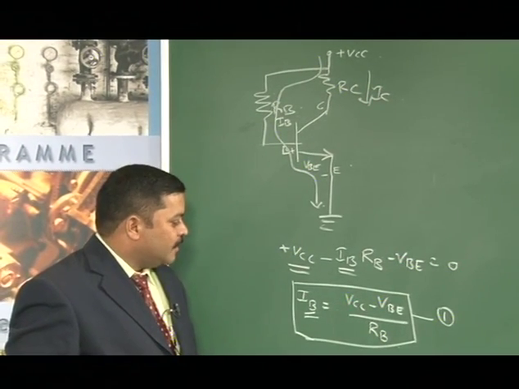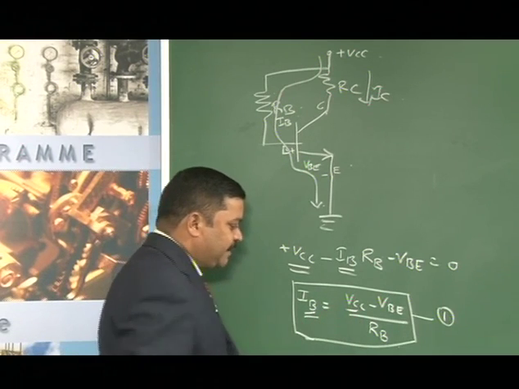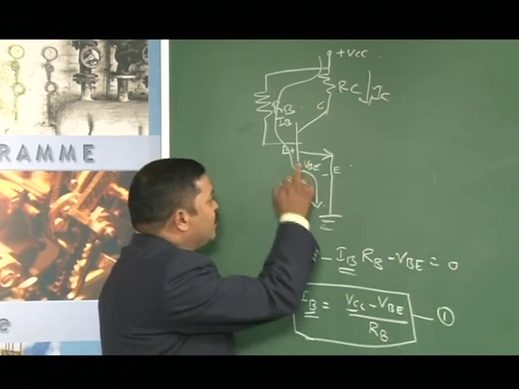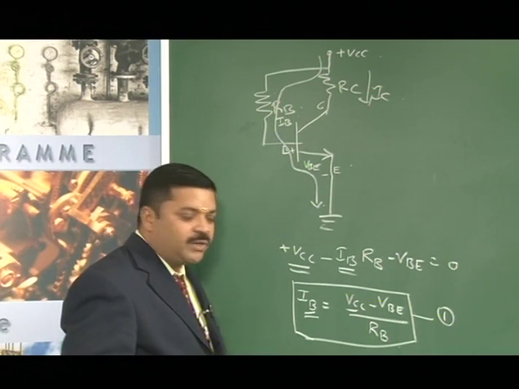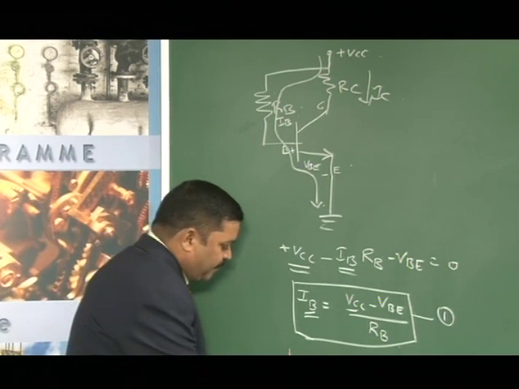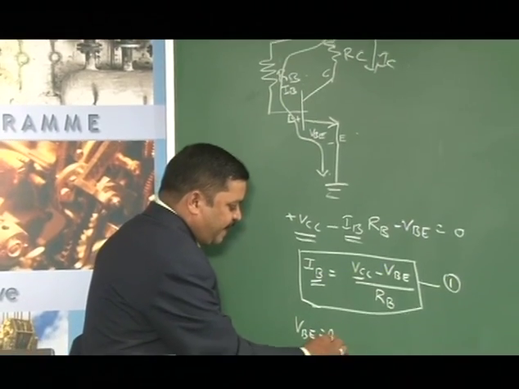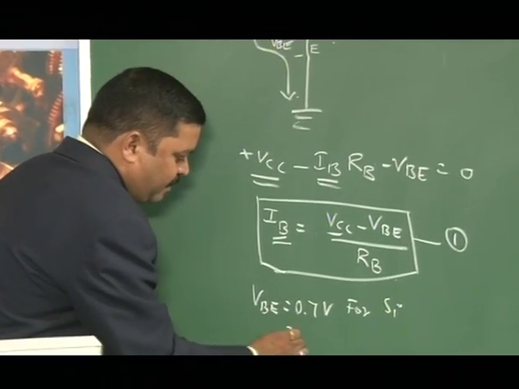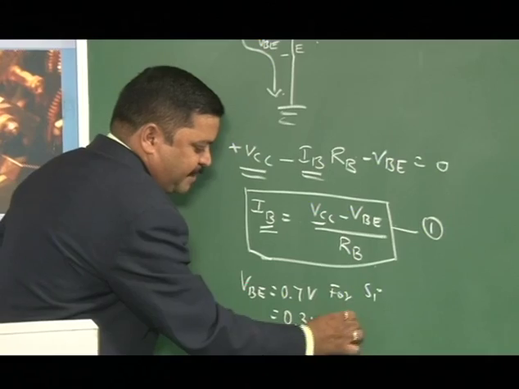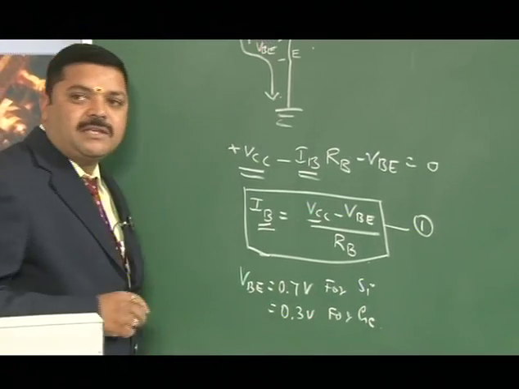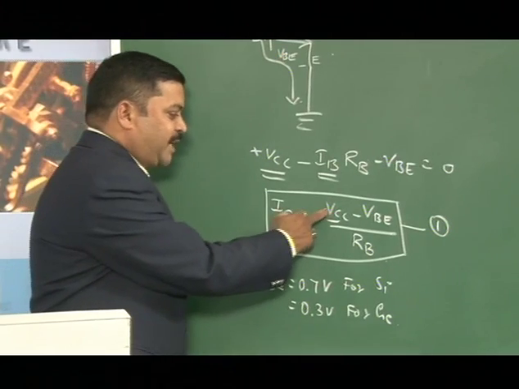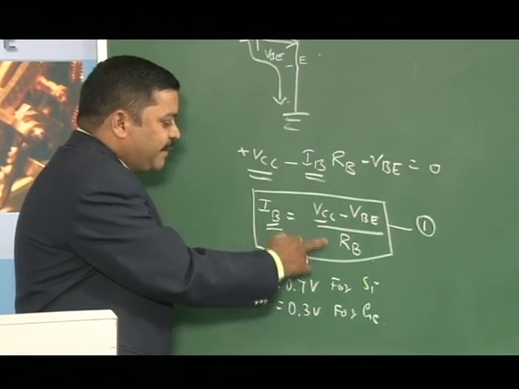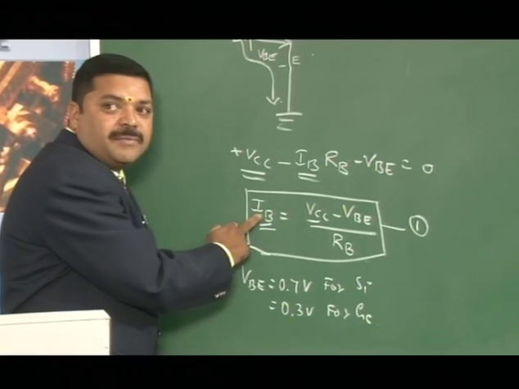Here VCC is constant and RB is a fixed value, and VBE is the cut-in voltage of the transistor, whose value is 0.7 volts for a silicon transistor and 0.3 volts for a germanium transistor. So this VBE is also constant. So constant minus constant is constant, divided by constant, therefore IB remains constant.